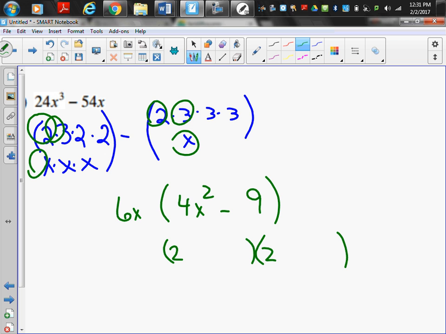We're not done. How do I multiply to get x squared? x times x. How do I multiply to get 9? A plus 3 and a minus 3. Now I have to bring my 6x down.